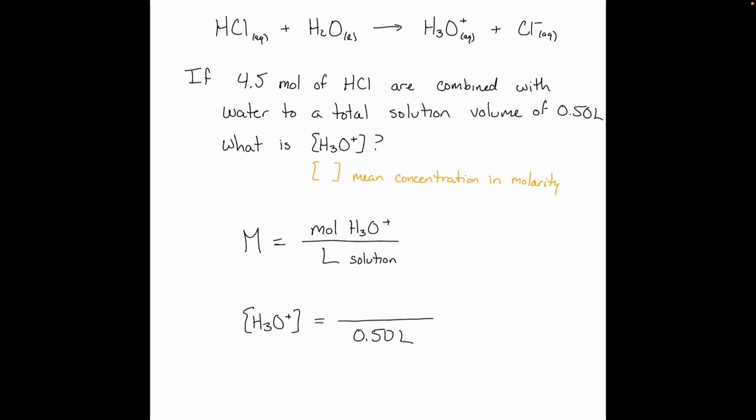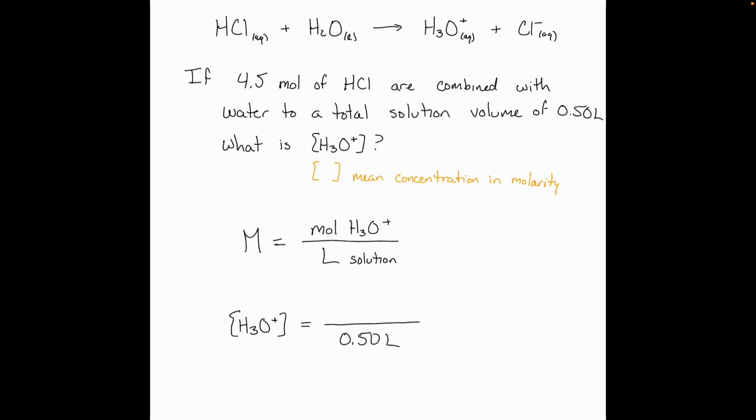Okay. But then how do I get the moles of my hydronium ion? Well, remember what it means to be a strong acid. A strong acid just means that 100% of those HCl molecules are going to be converted into hydronium molecules.